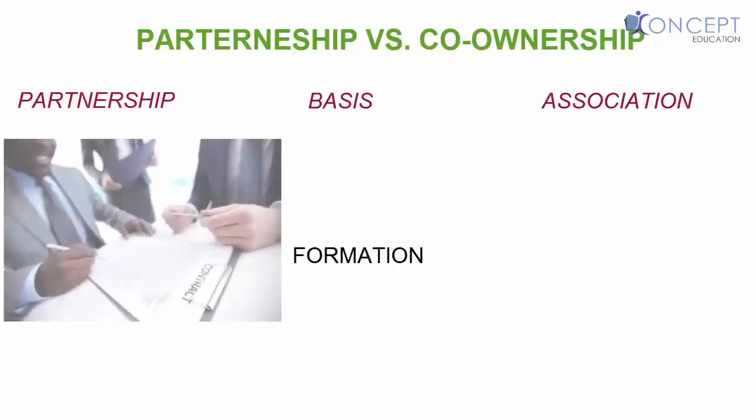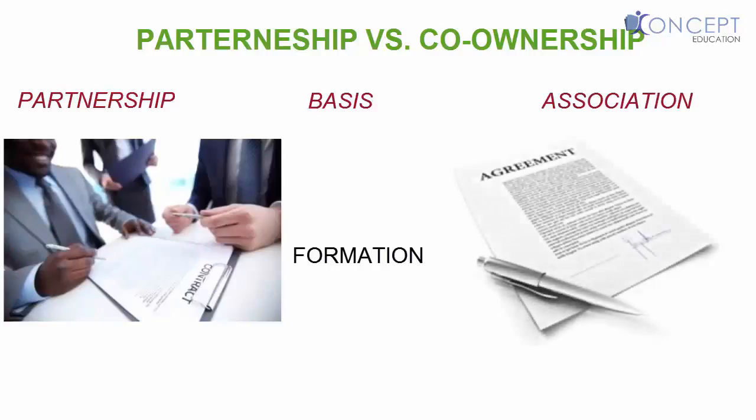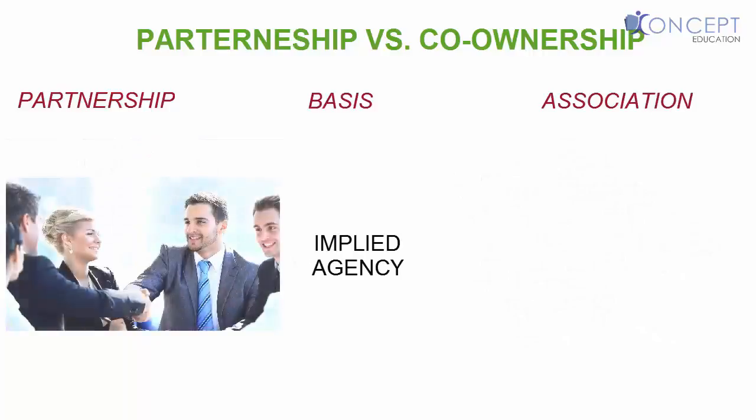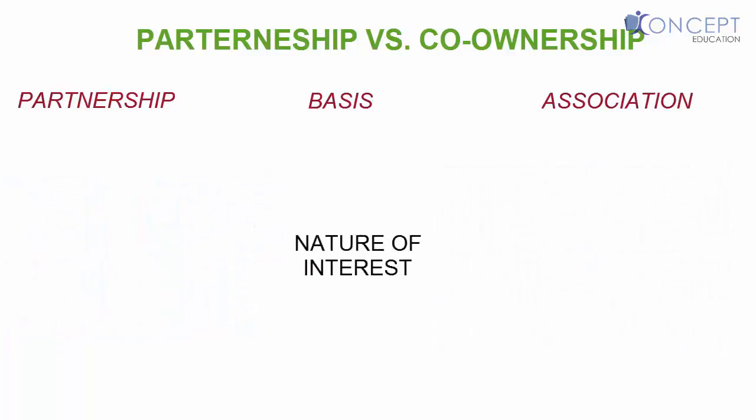Partnership always arises out of contract. Co-ownership may arise from contract, or it can be inheritance also. In partnership, a partner is an agent of other partners, while co-owners are not agents of each other. They are just co-owners. Nature of the interest.